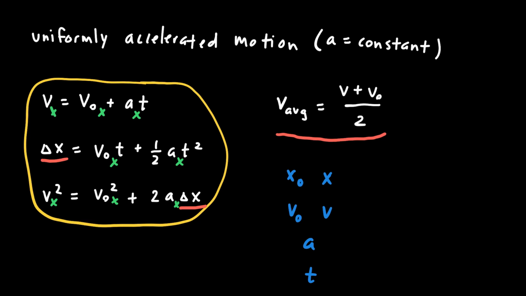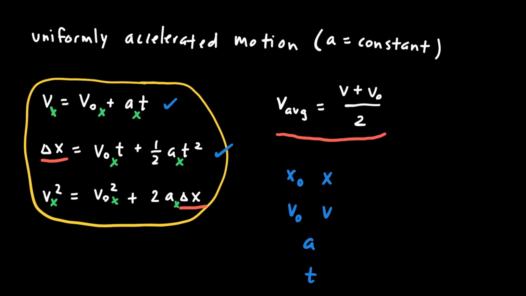And some of these equations have different variables. So for example, the first two equations have time, but the third one does not. I think most often on AP Physics 1 questions, the kinematic equations are used to solve for accelerations, which are then subsequently used in force problems.